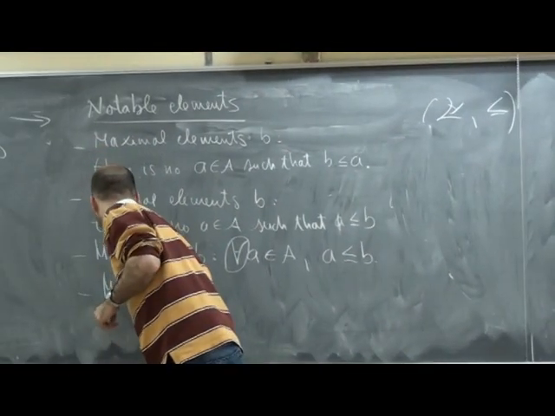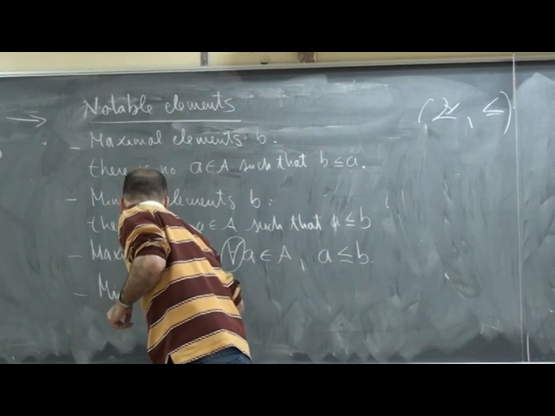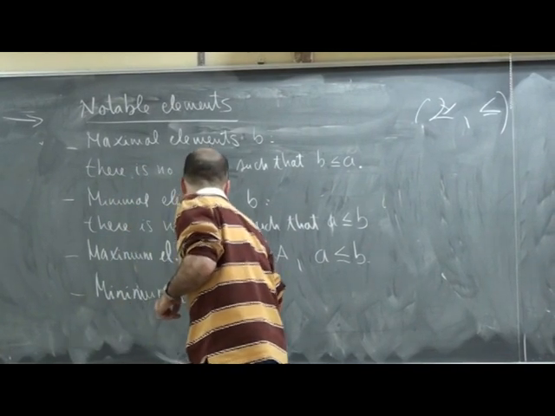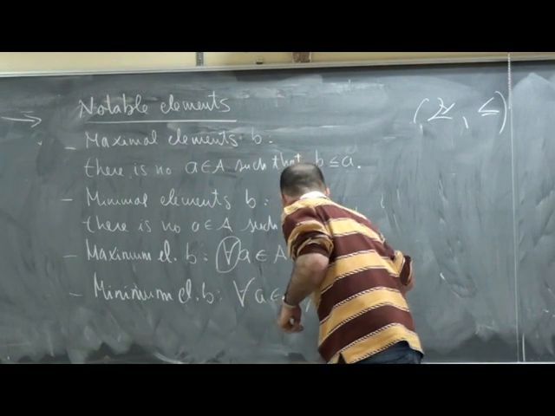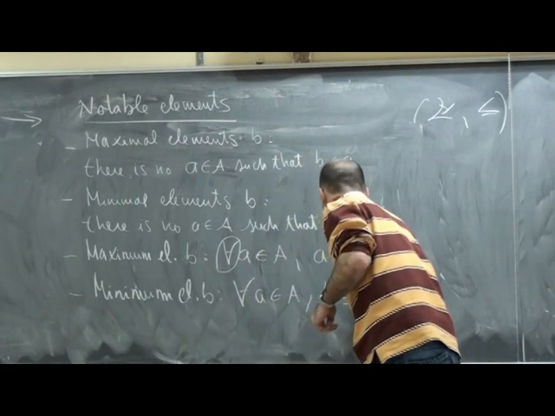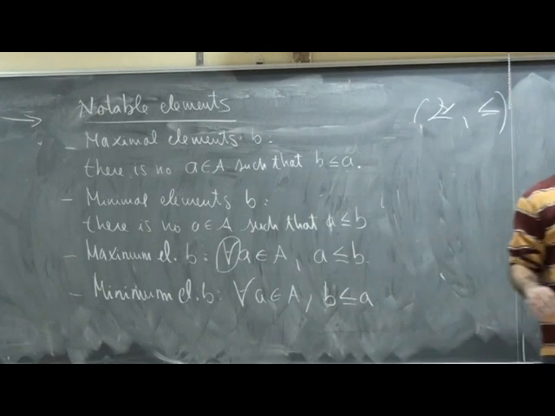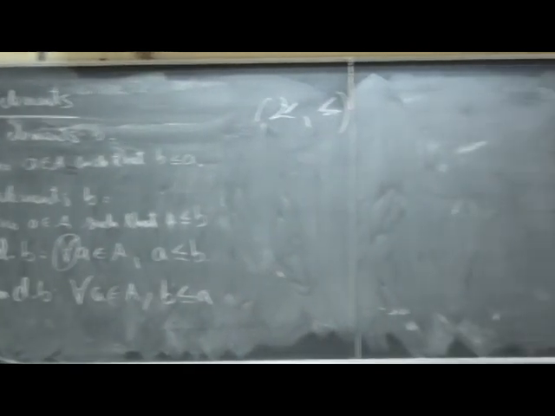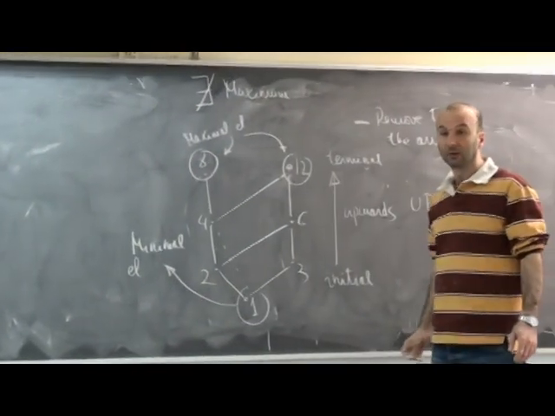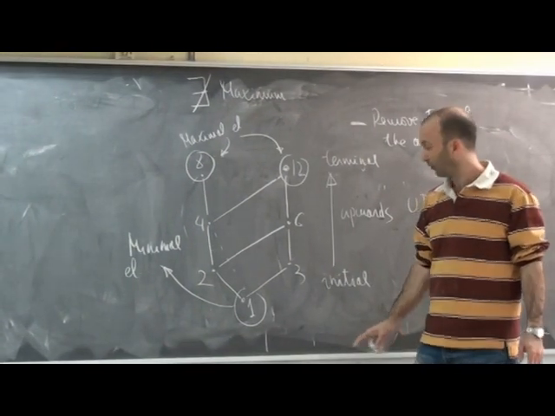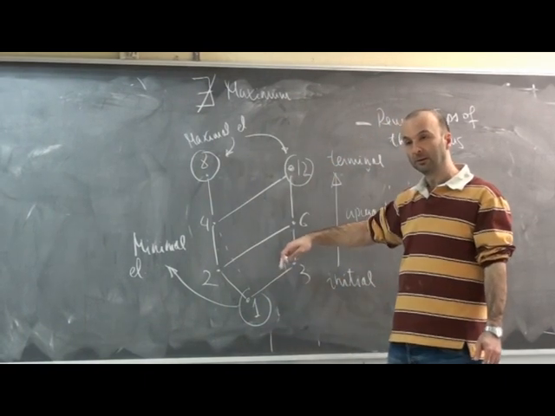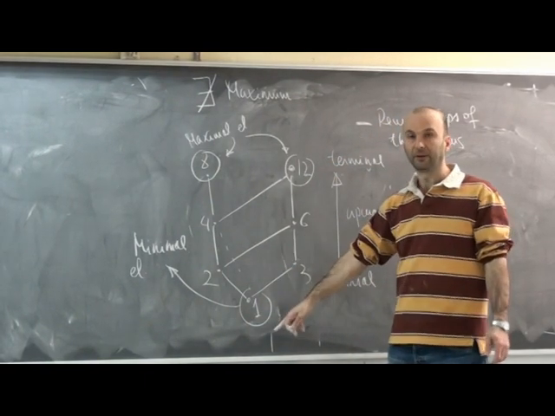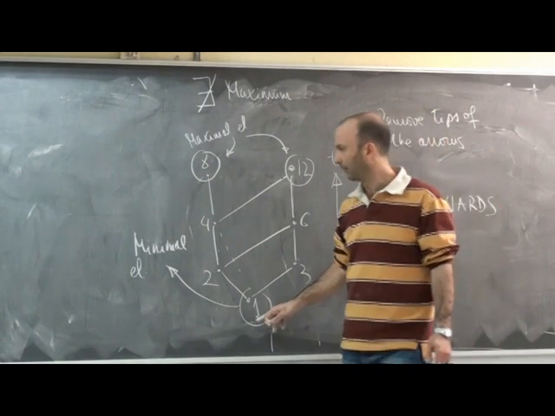Finally, the minimum element B. And here, yes, we have a minimum because this guy is related to everybody else and it is below everybody else.